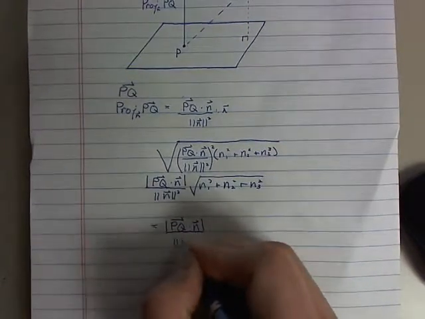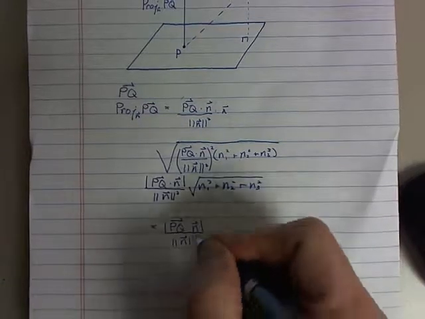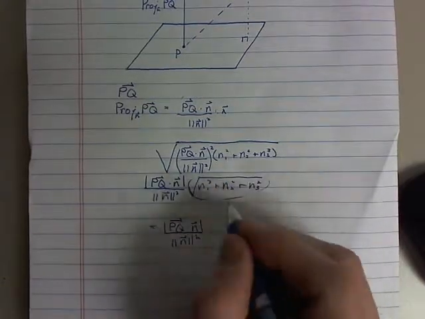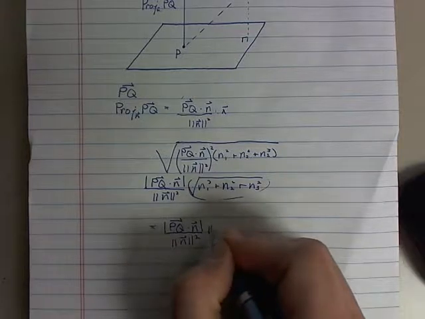And down here we have the magnitude of N squared, and this right here is of course the magnitude of N.